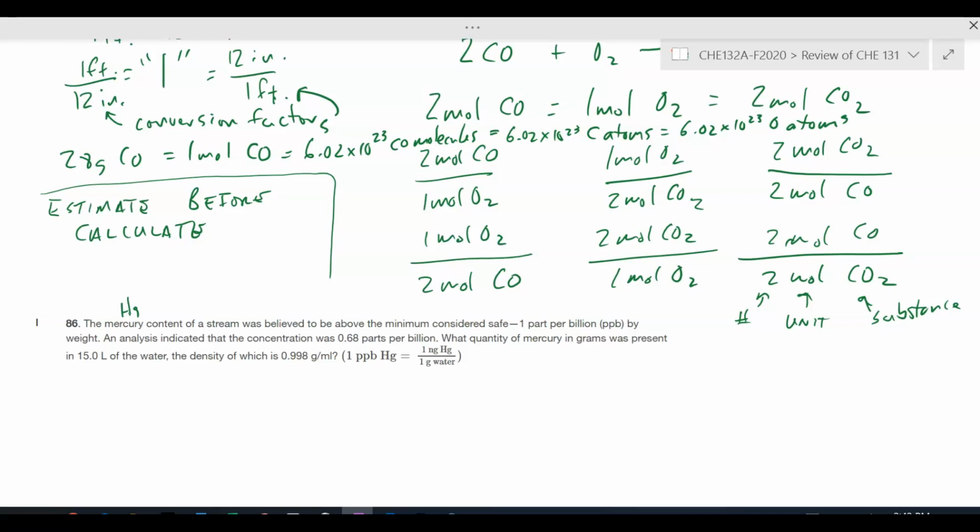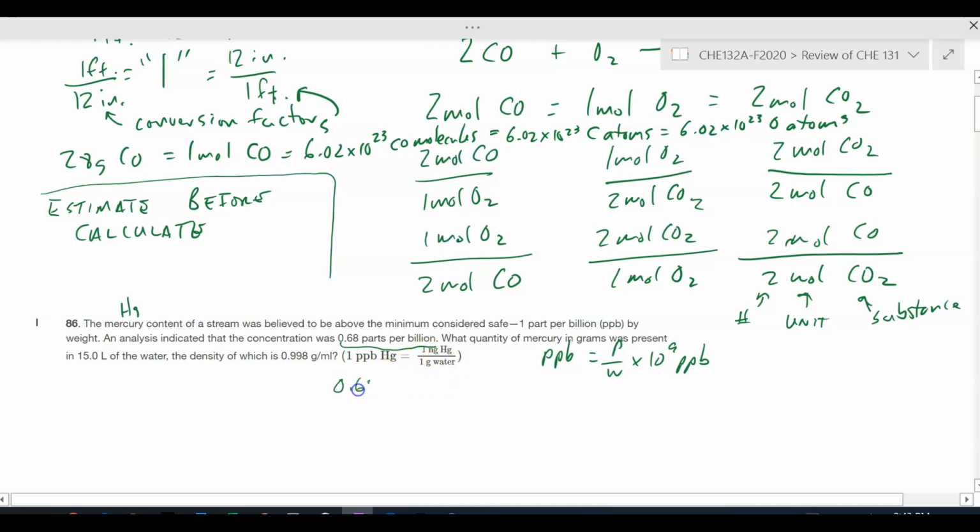So that's kind of useful, helpful information there. The parts per billion generally is part over whole times 10 to the 9th, where 10 to the 9th is a billion, of course, and the part and the whole would be in the same unit. So grams of mercury over grams of water there. All right, so what we know is we've got 0.68 parts per billion, which means that we can create a conversion factor based on this.